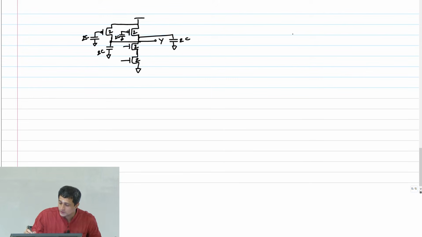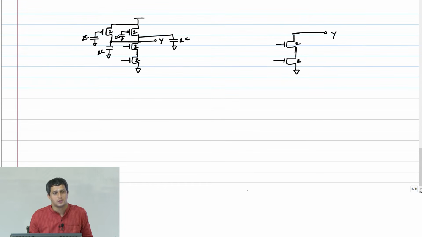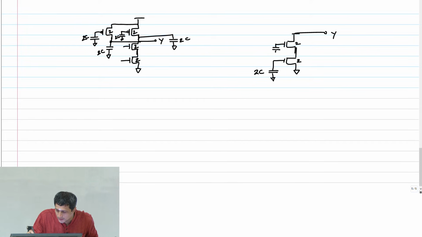Okay, I will now draw this NMOS stack separately so that it becomes clearer. Output Y, this is 2, 2. So what's my gate capacitance? Yeah, 2C. What's this capacitance? 2C, right?